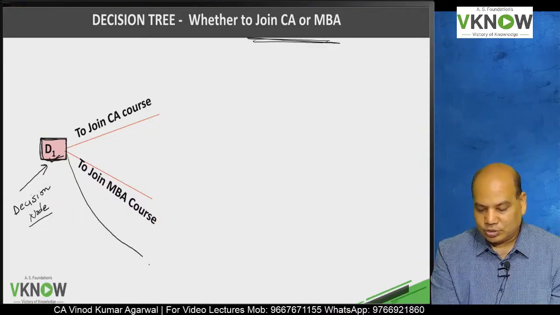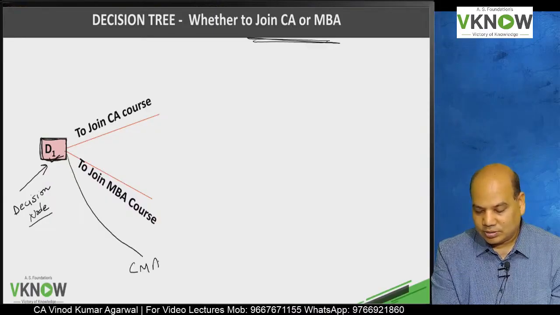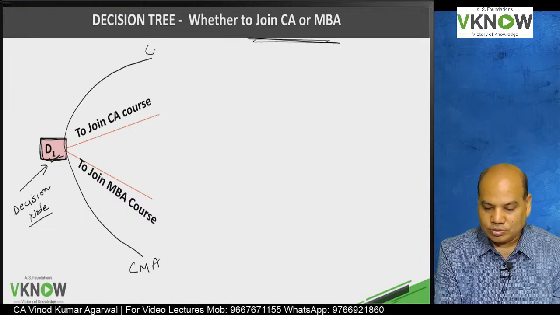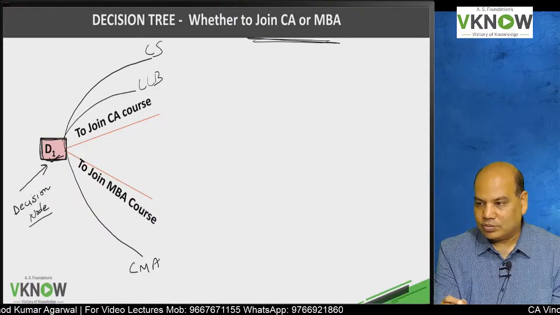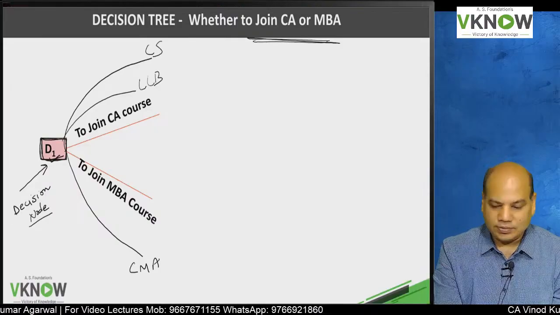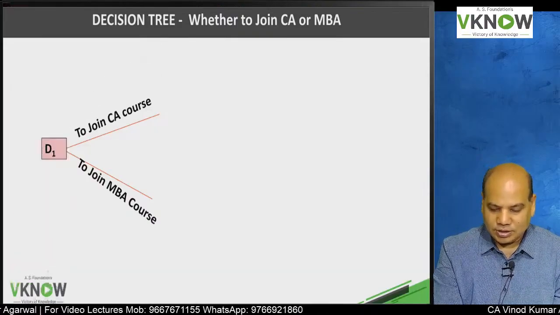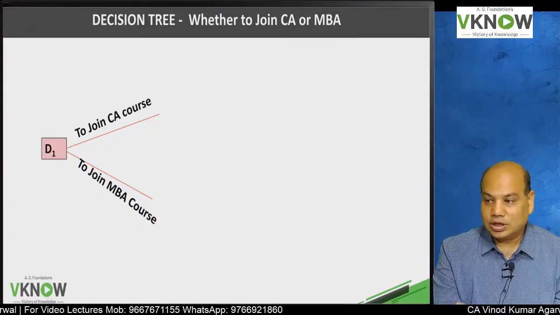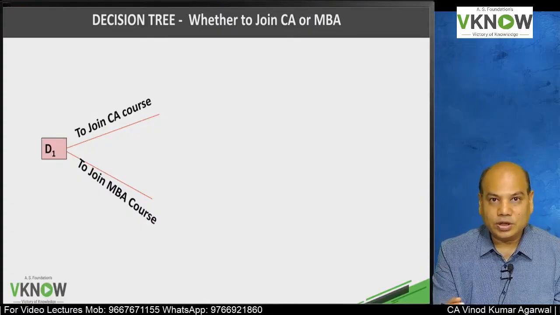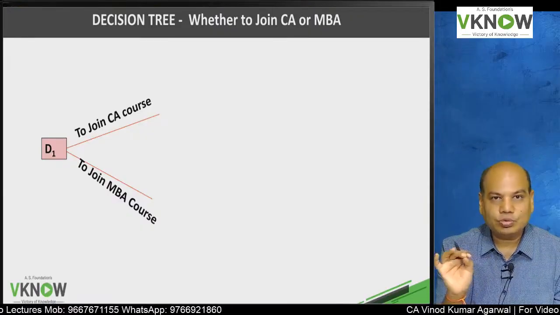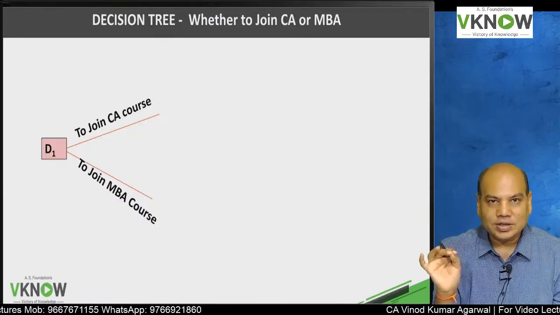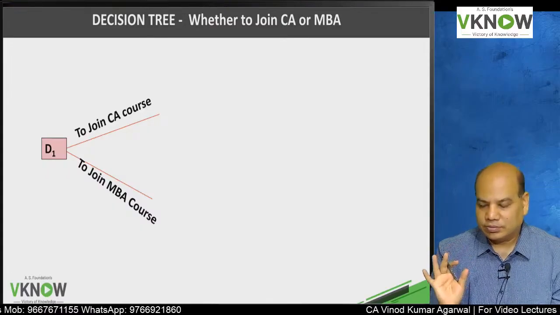Suppose you can have one more, CMA, or CS or LLB. No problem, you can write 2, 3, 4, 5, 6 alternatives, out of which one you have to choose. So depending upon the question we can have 2, 3, 4 branches emerging out of it.